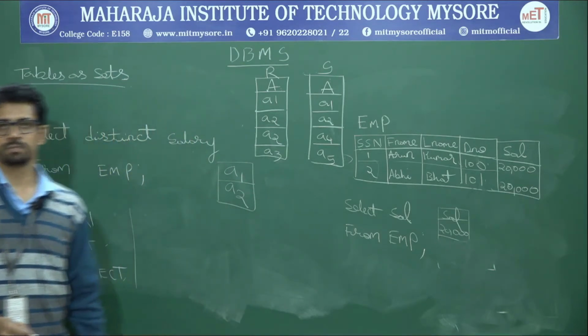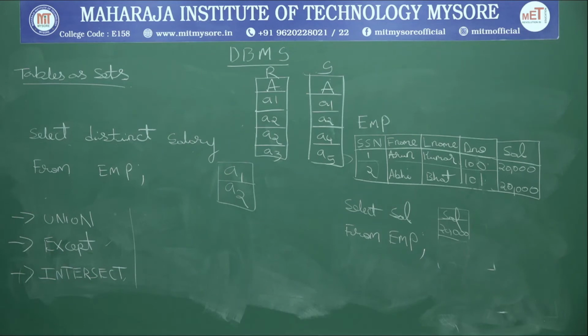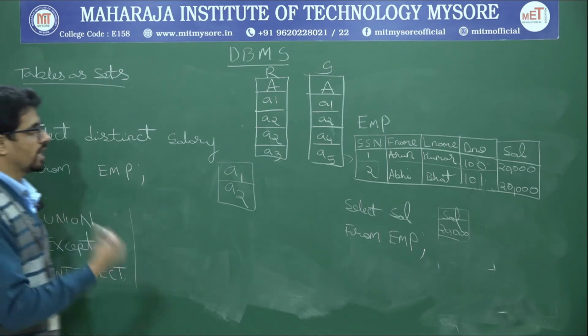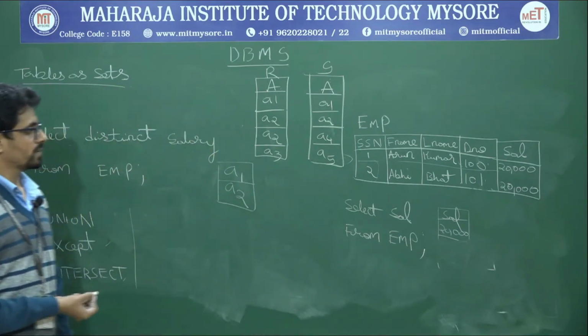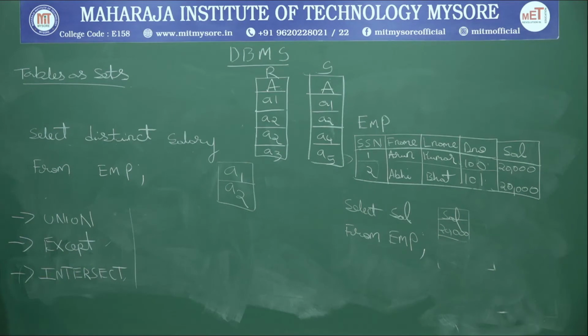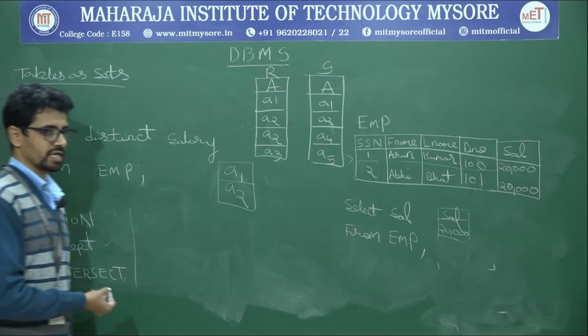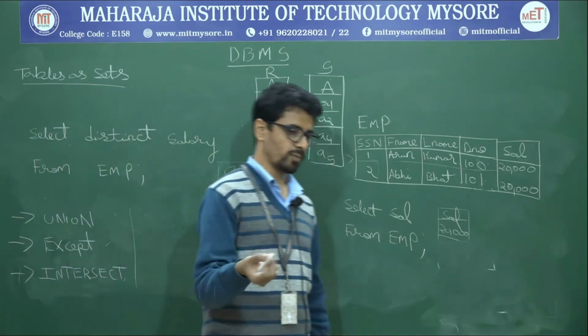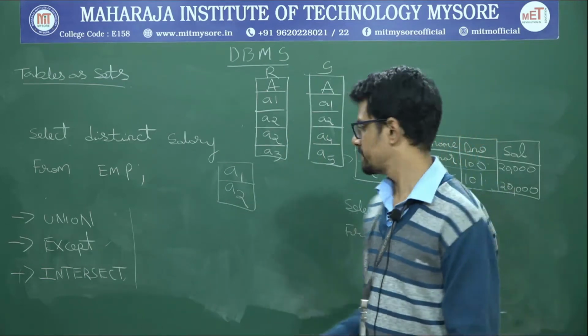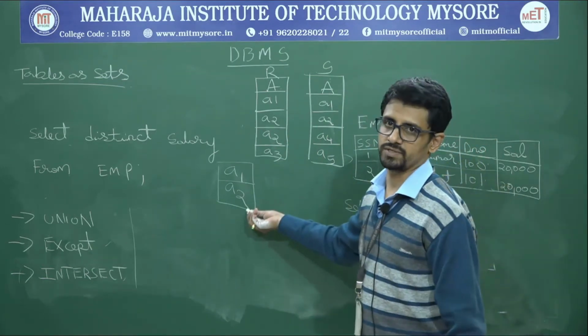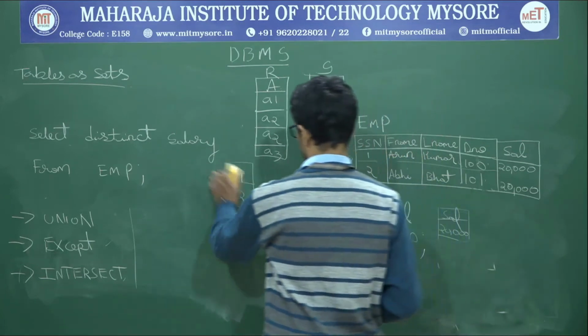The intersection speaks about what is common in two tables, that is R as well as S. In the case of the union operator, it just takes all the attributes from R and all the attributes from S. If it is present in both the tables, it will be taken off, whereas in one table it will be presented. And this is the intersection, as you all know.